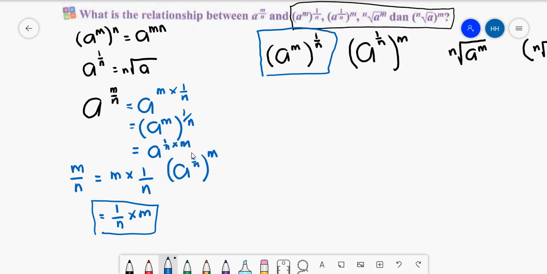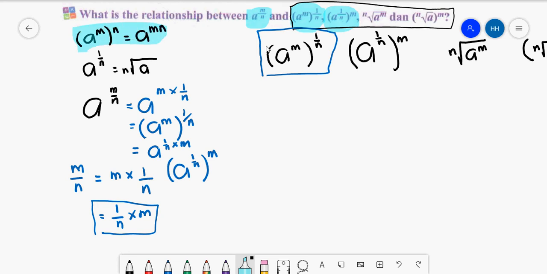So this is the second form that I wrote here: a to the power of 1 over n inside the bracket and then to the power of m. So I proved to you that a to the power of m over n is actually equal to this form and equal to this form, by using this law.